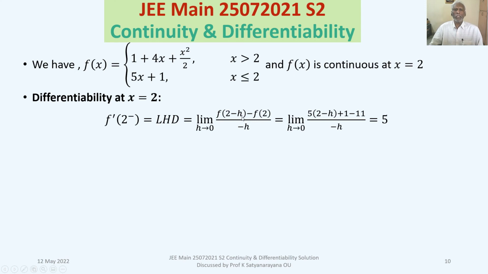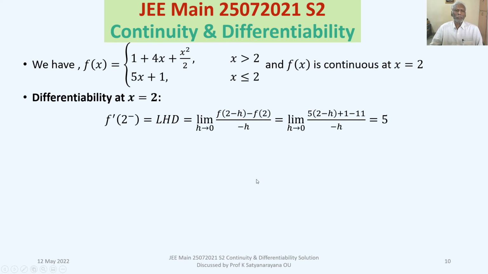And f of 2 minus h is in this branch, so that will be limit h tends to 0, 5 times 2 minus h plus 1, and f of 2 we know is 11. Simplify, you will get minus 5h by minus h, that is 5.